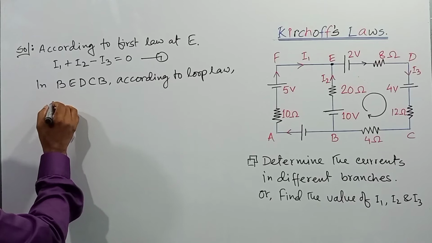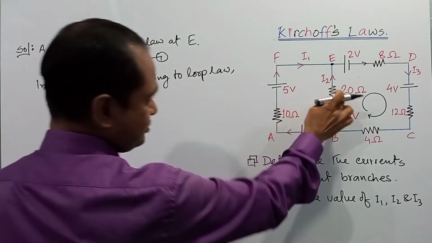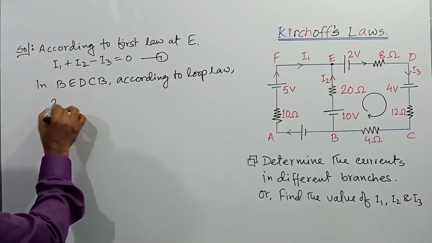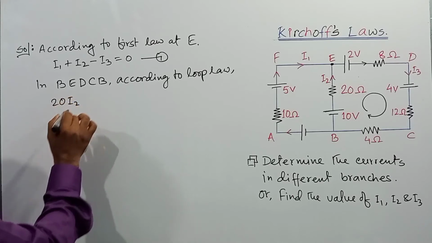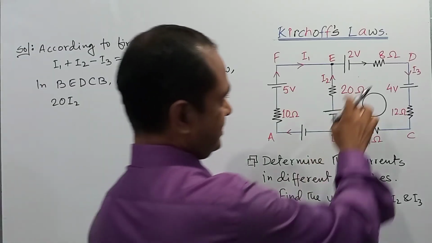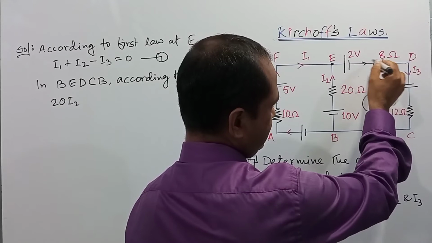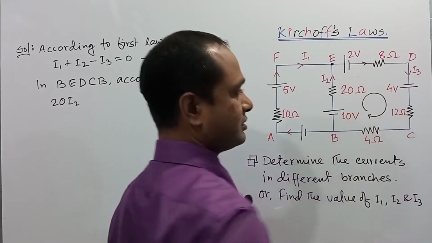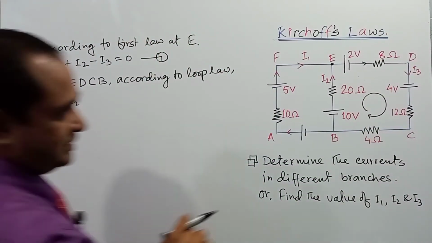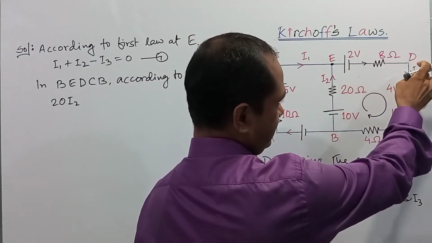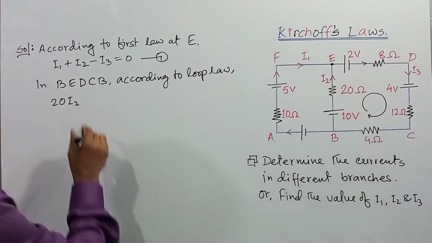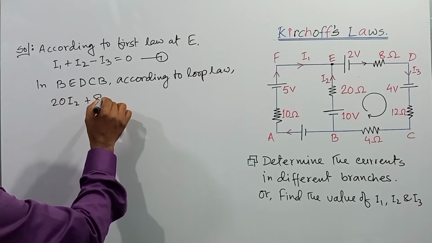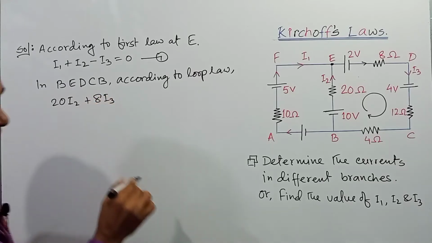So we can write 20 I2. Then here the direction of the current is also clockwise, so it will also be taken as positive. Here the resistance is 8 and the current is I3, so we can write 8 I3.